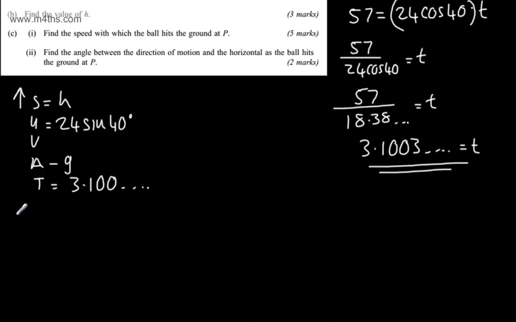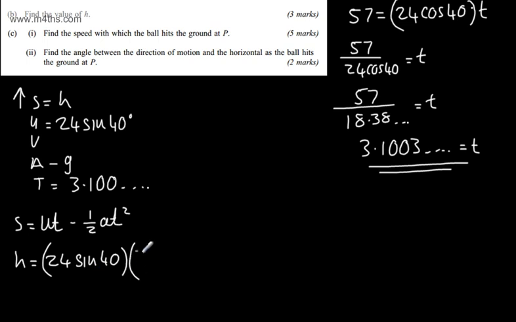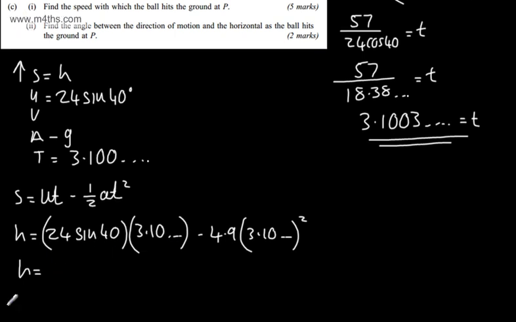So I can say now that s is equal to ut minus 1/2 at squared. So h will be equal to 24 sine of 40 multiplied by the time, 3.1 and so on, minus 1/2 at squared. Half of g is 4.9, times 3.10 and so on, which we're going to square. That will give us this height right here. Let's go ahead and do that.